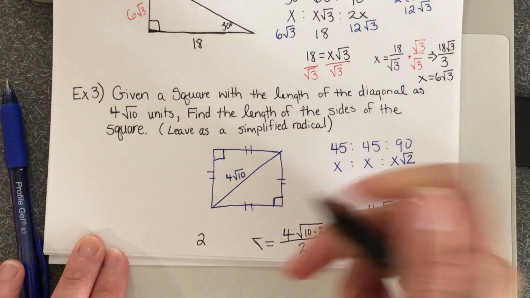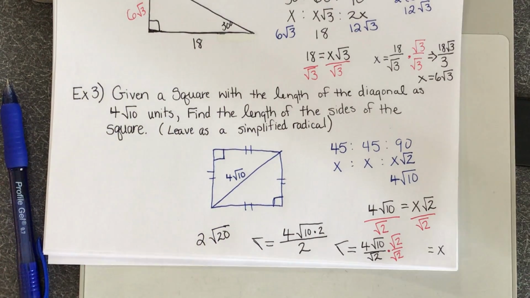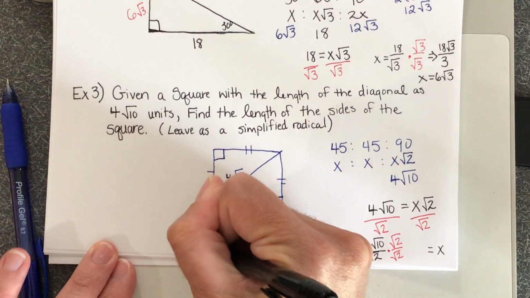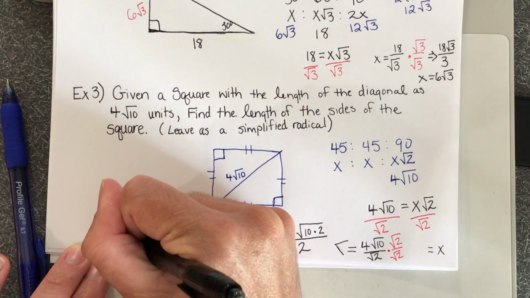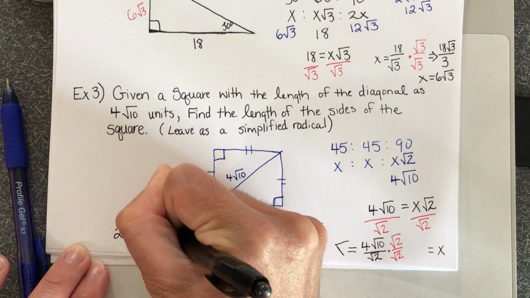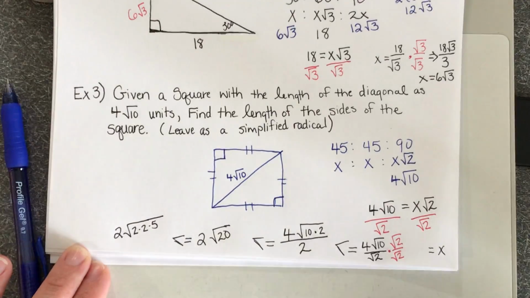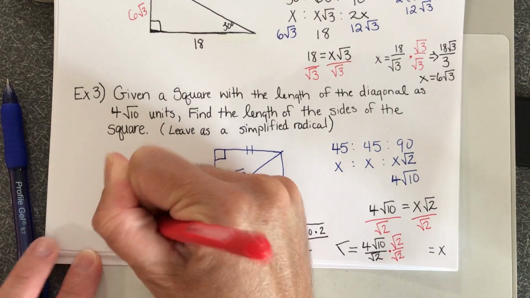So now I have 2 times the square root of 20, but we can break 20 down even more. 20 breaks down to 4 times 5, and 4 breaks down to 2 and 2. So I've got 2 times the square root of 2 times 2 times 5. 2's come out.